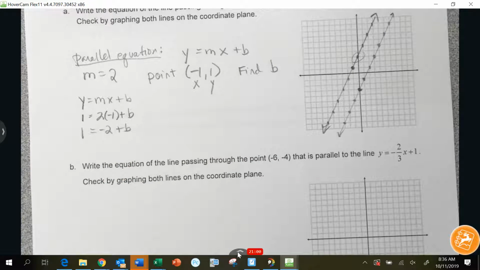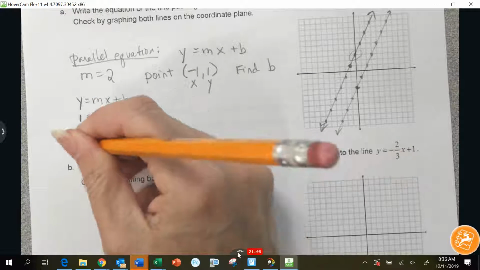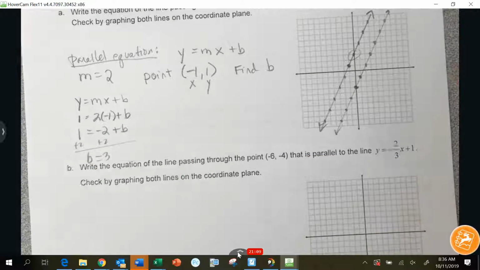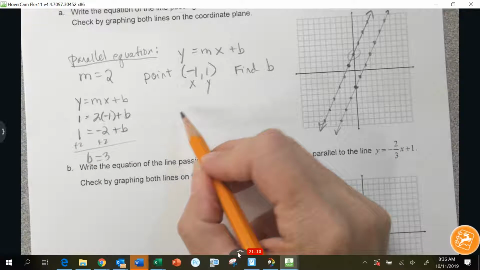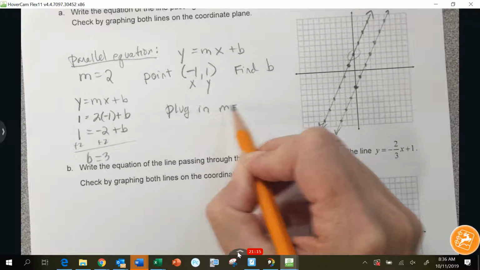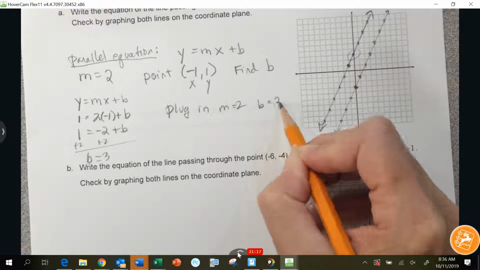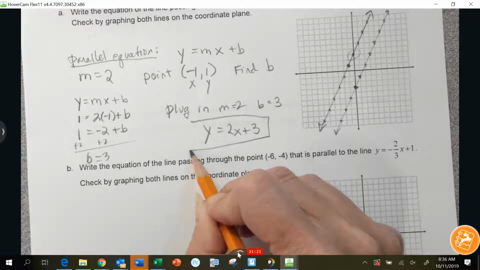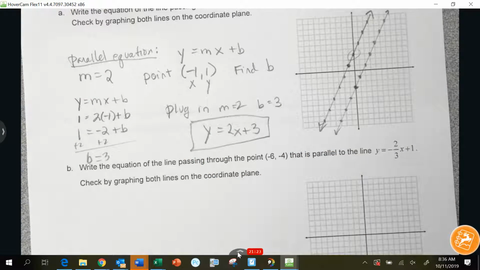How do I get b by itself? Add 2. So b equals 3. Plugging in the m, which was 2, and the b, which is 3: y equals 2x plus 3. Done.